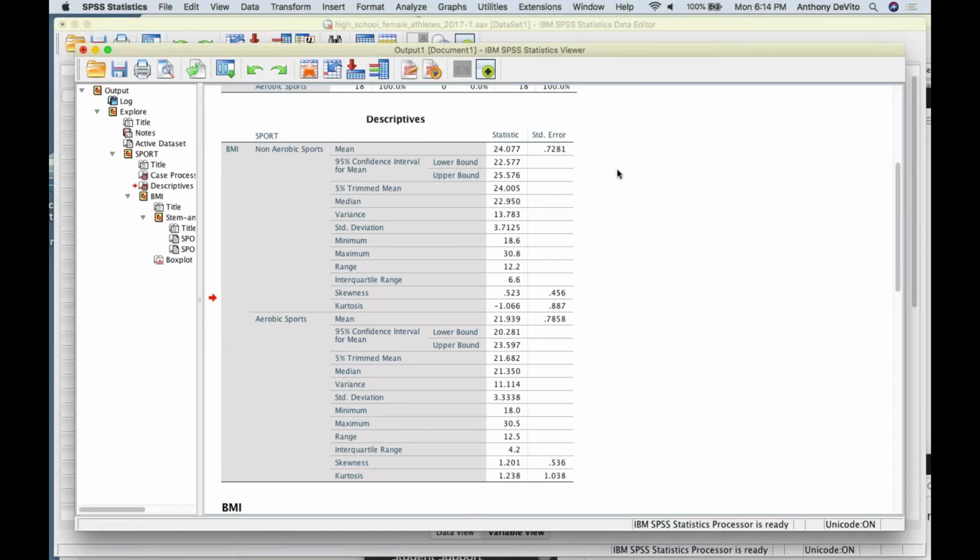Yeah, there's a couple of things you could do. It's a weird bug between SPSS and the Microsoft version of Word. Normally you could copy and go in and paste, and it would paste as an image or something like that.